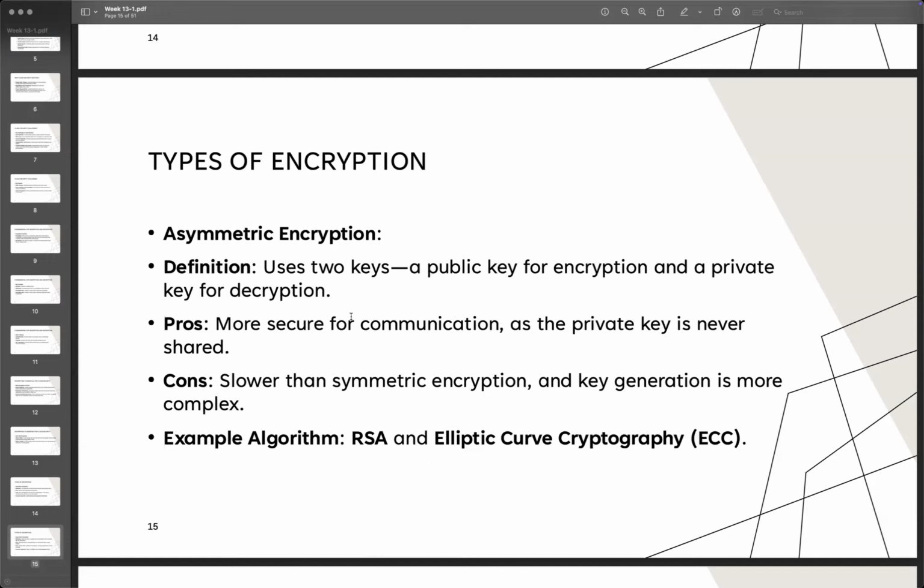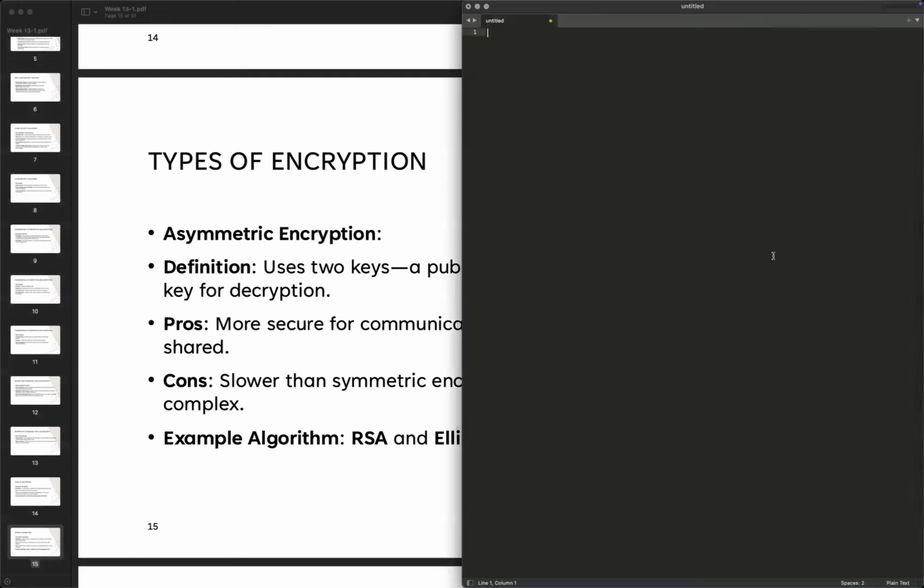If B wants to send a message to A, which key should be used? Because let's say we have A and B, then we have the public key of A and the private key of A, and then the public key of B and the private key of B. We have two pairs.